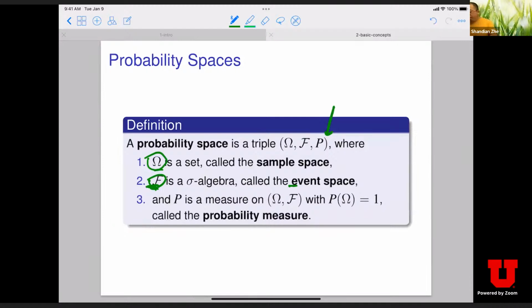And third, you have a probability measure P defined on the sample space and event space. The probability measure ensures that the probability over the whole sample space is 1.